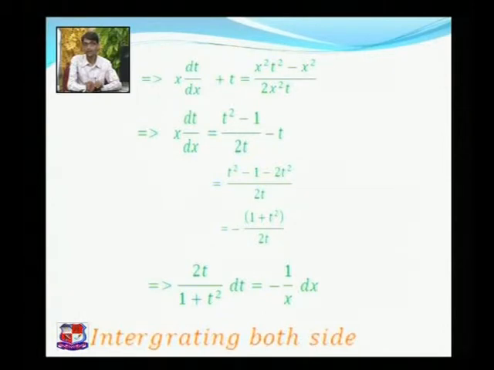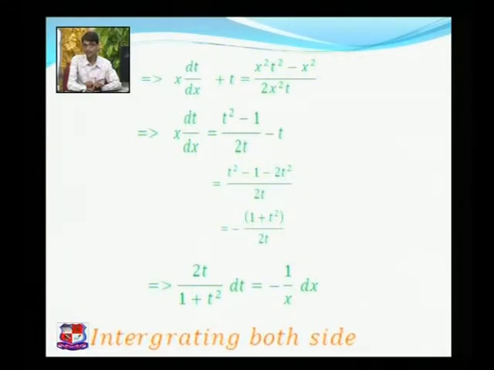Now if we look at this differential equation, we can separate the variables, and I have solved that 2t upon 1 plus t square into dt is equal to minus 1 upon x into dx.